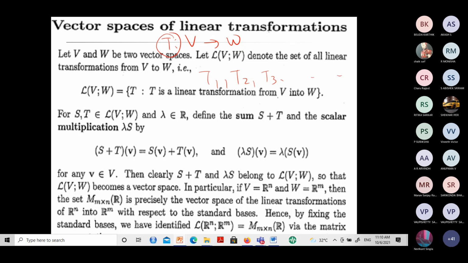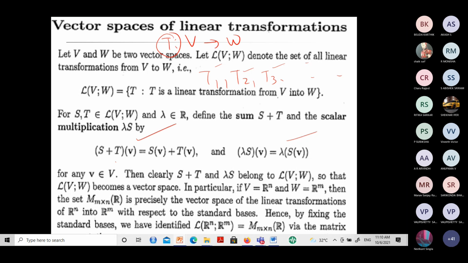So in my new vector space, each and every vector is a linear transformation. How do I define vector addition here? Suppose S and T are two linear transformations. S plus T of any vector V is S of V plus T of V, that way I define. And scalar times a linear transformation you can understand by seeing itself.